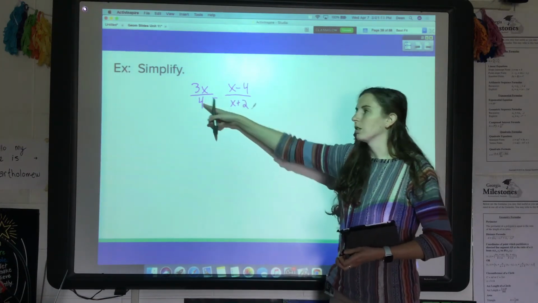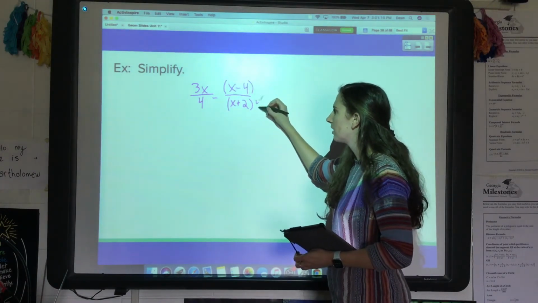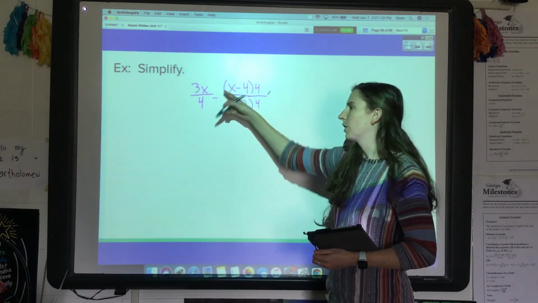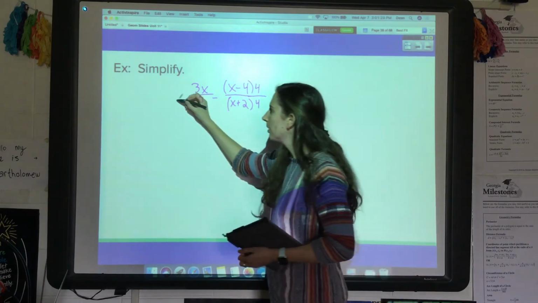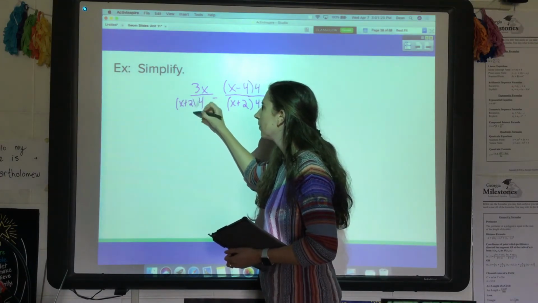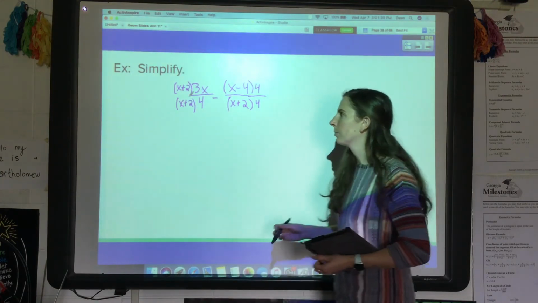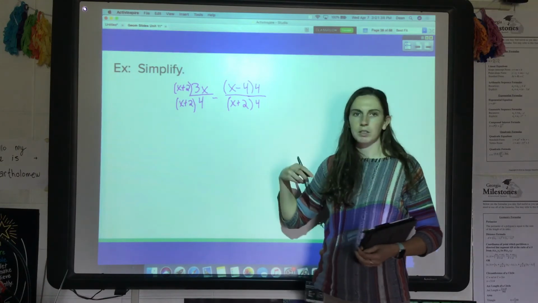So this one needs a 4, let's give it a 4. Make sure everything's in parentheses so it stays separated. You can do it in the front or the back, it doesn't matter. This one needs an x plus 2, so let's give it an x plus 2. But if we do it on the bottom, we've got to do it on the top as well. Now they have a common denominator, 4 times x plus 2.